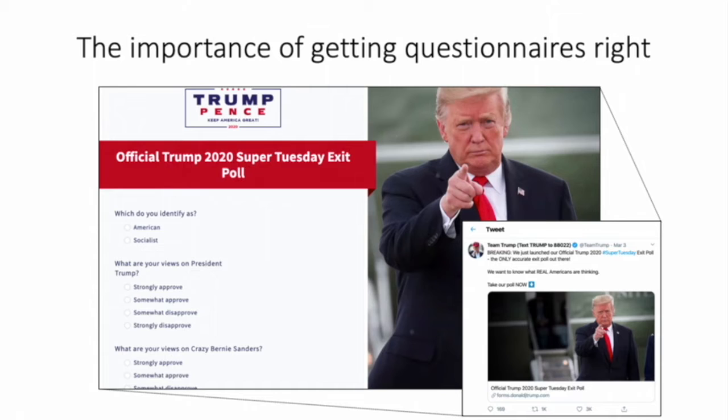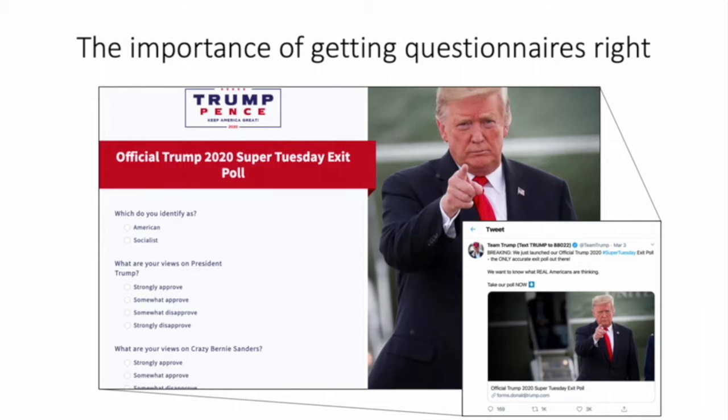So this is a real life example from an opinion poll that the Trump campaign for his 2020 presidency candidacy sent out via Twitter in early March 2020 as a result of the Super Tuesday exit poll.